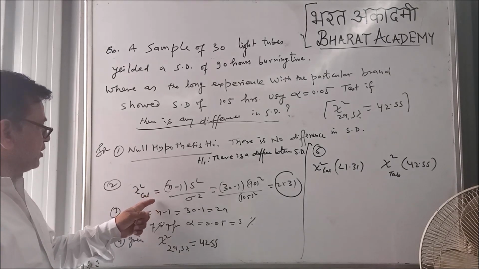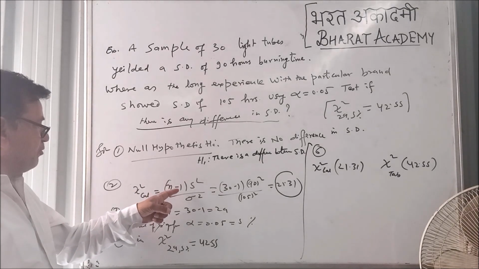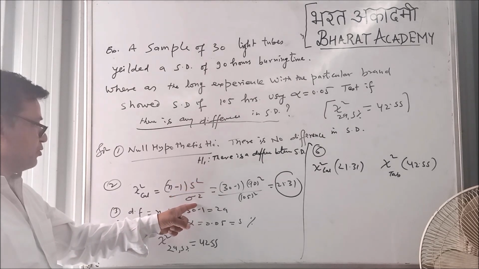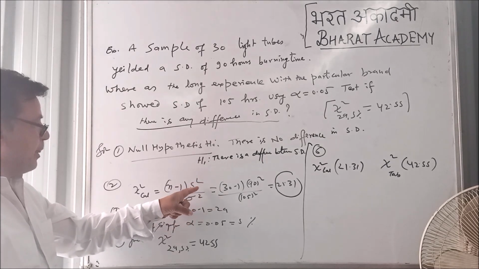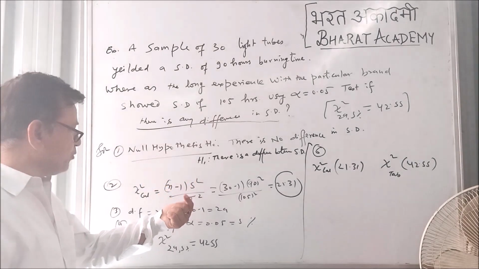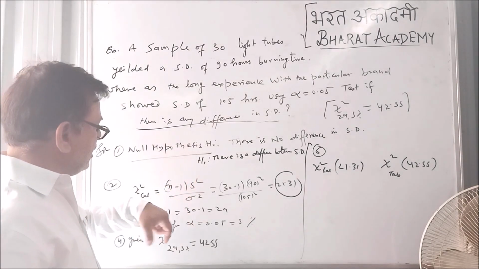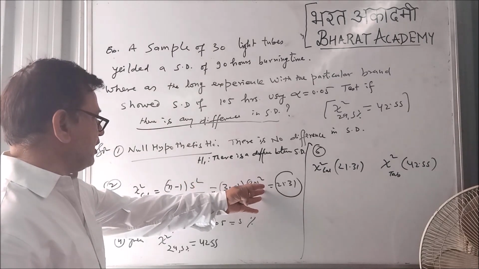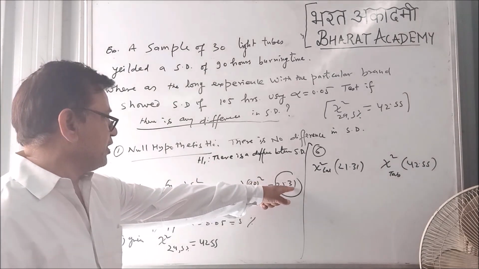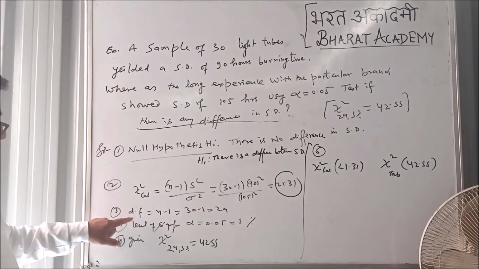The formula is (n minus 1) s square upon sigma square. s is the standard deviation of the sample, s square is the sample variance, sigma is the population SD, sigma square is the population variance. Put all these values over here. After calculation you get 21.31.